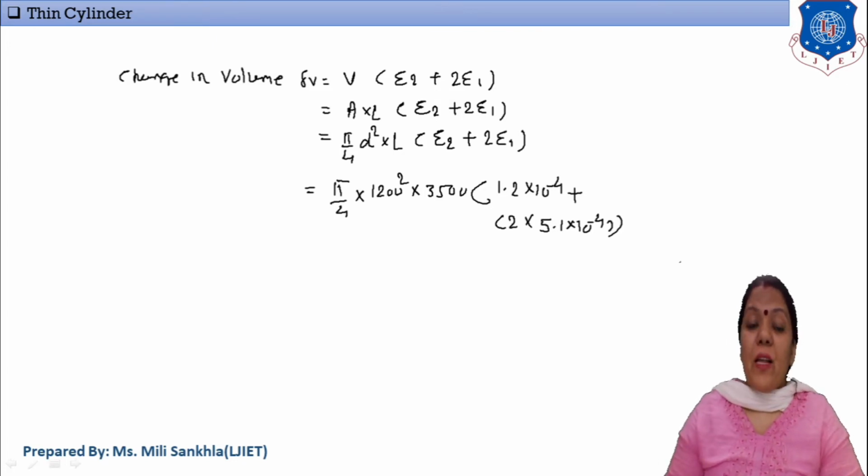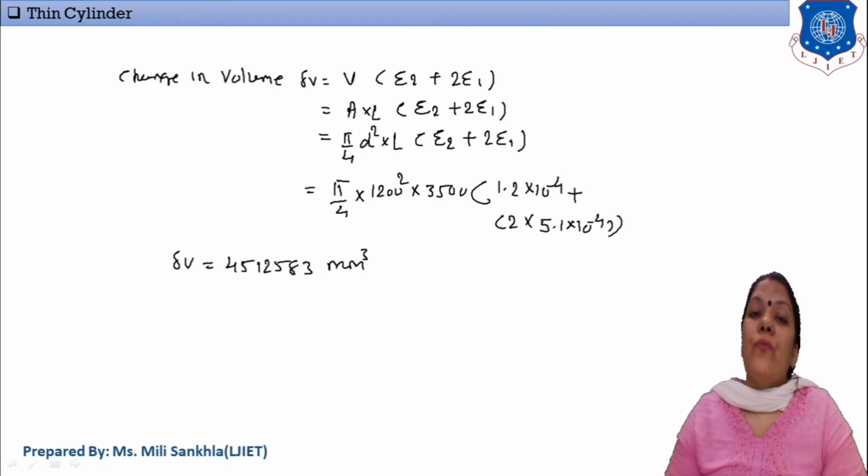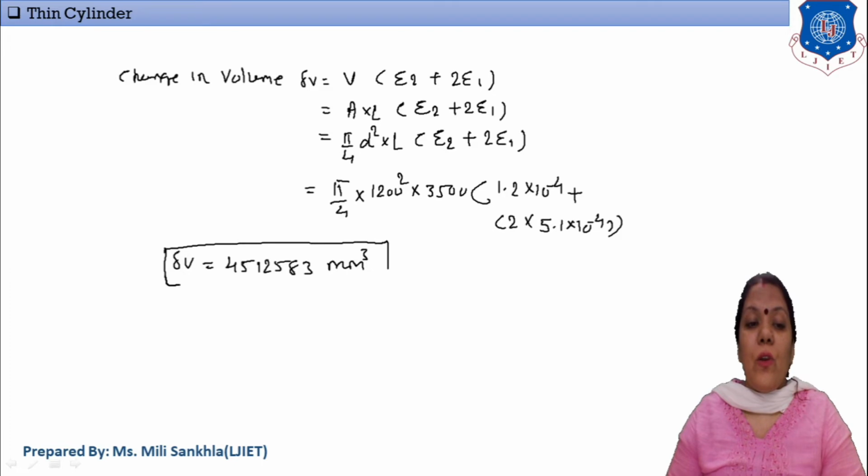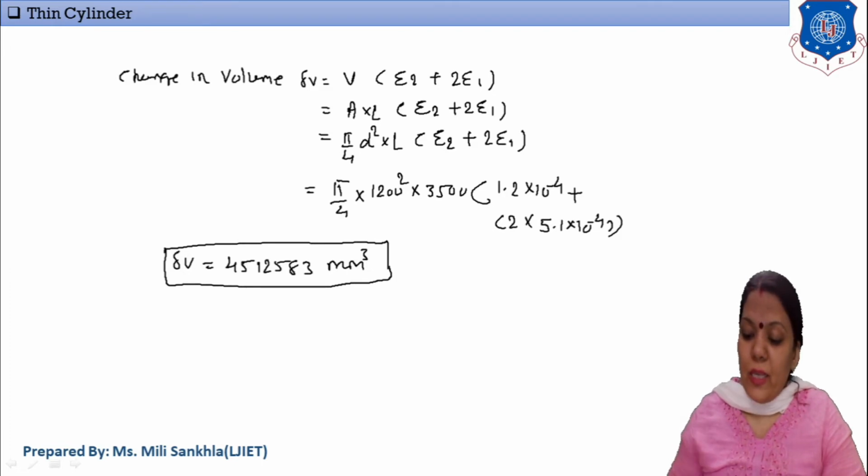Now my final answer for the change in volume, write down, is 4512583 mm cube, that means 45,12,583. This is our final change in volume for the given thin cylinder.